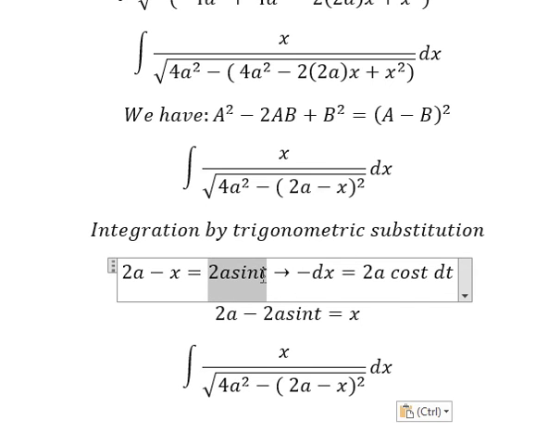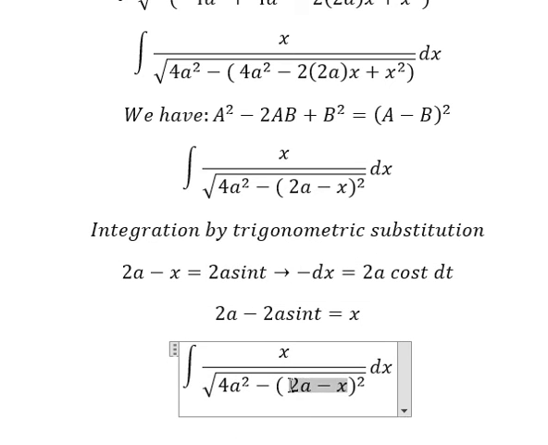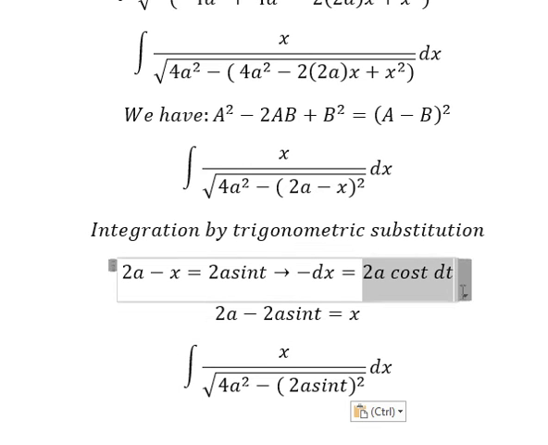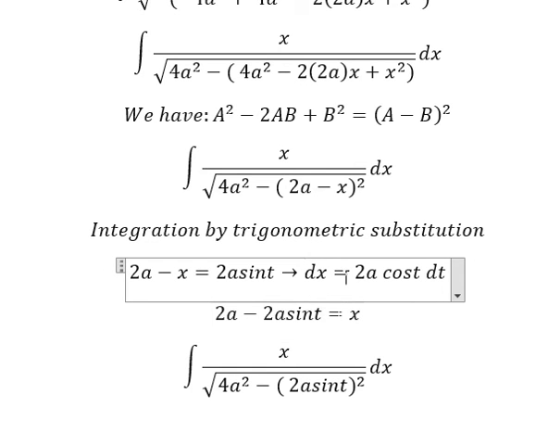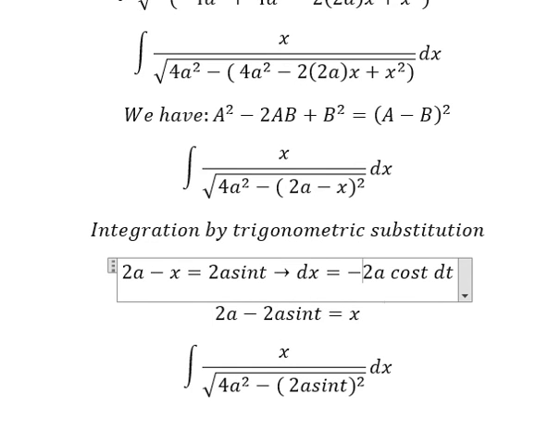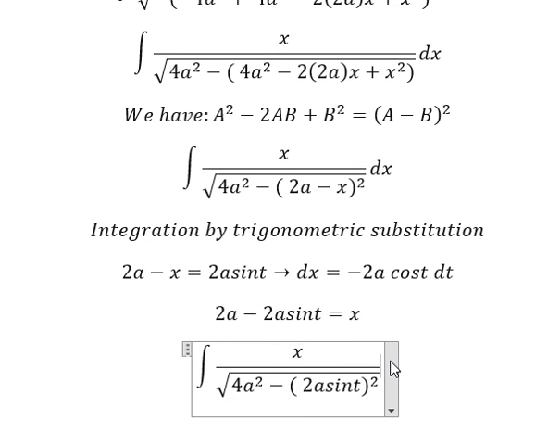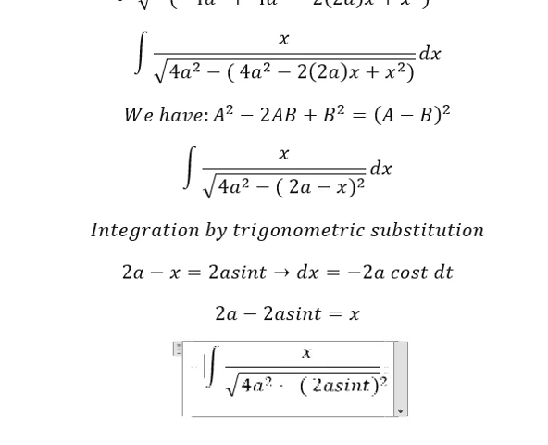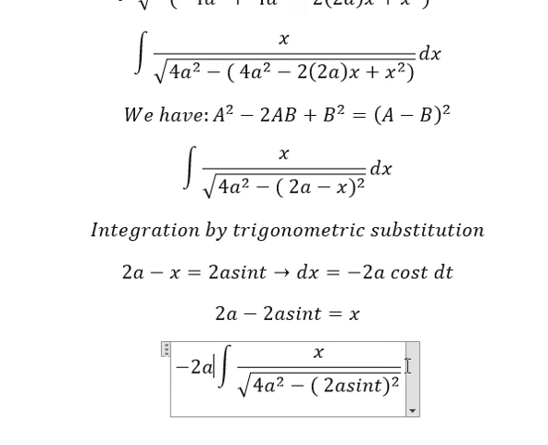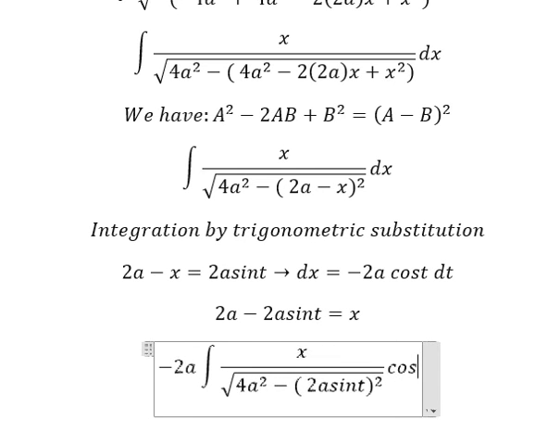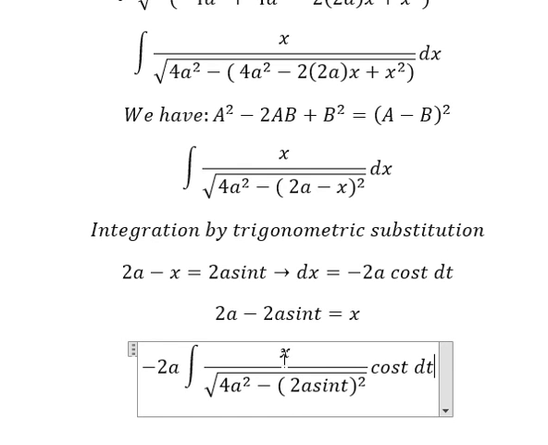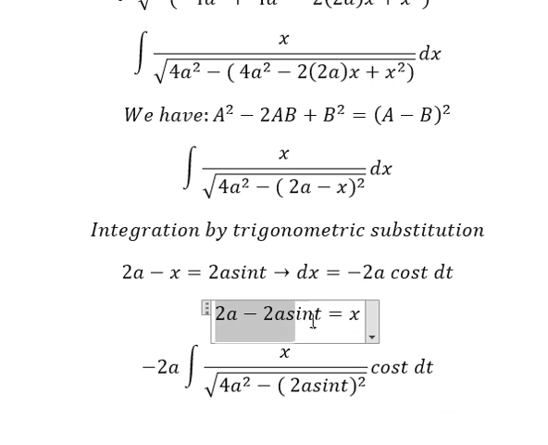So I will put this one gone here. ds we change by this one, but we have the negative, so I will put negative go to the right. And I will have negative 2a, I will put in here, cosine t dt. S we change by this one.